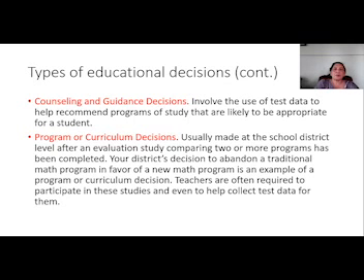Let's go to program or curriculum decisions. So these decisions are usually made at the school district level after an evaluation study comparing two or more programs has been completed. Meaning, suppose you have a program designed by somebody who has done his master's or doctoral, proposing to you that this program is going to work for these kinds of learners.